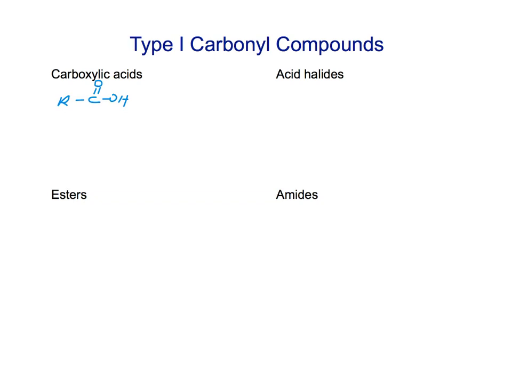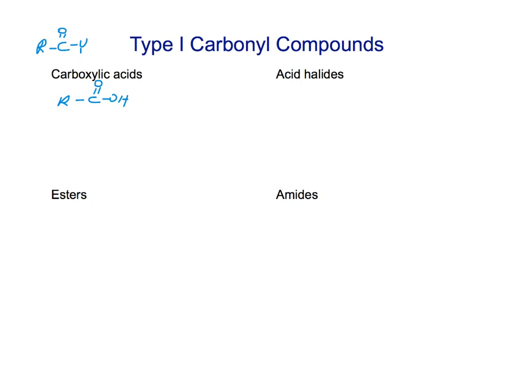All of our carbonyl groups are essentially going to have this type of structure. I'll just put a Y group there. Okay, so they're all going to differ on just what's attached to the carbonyl group.